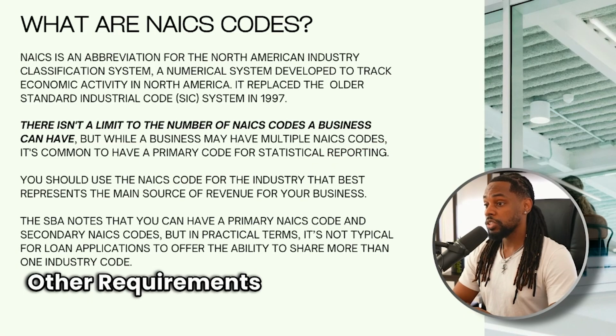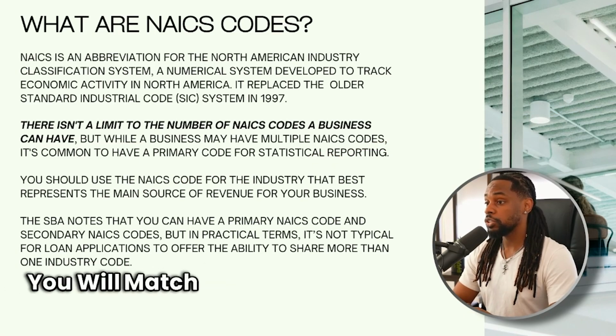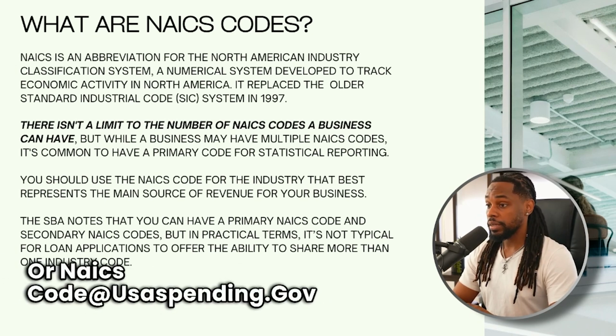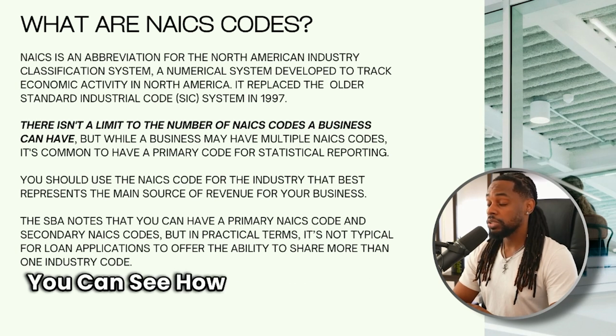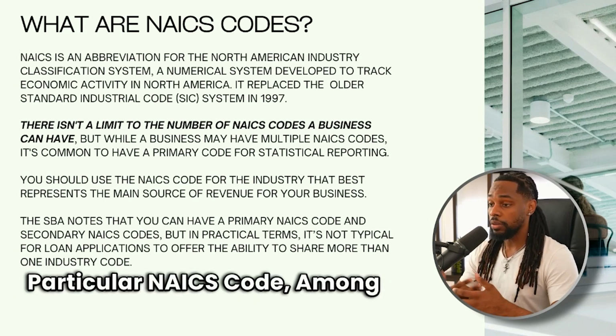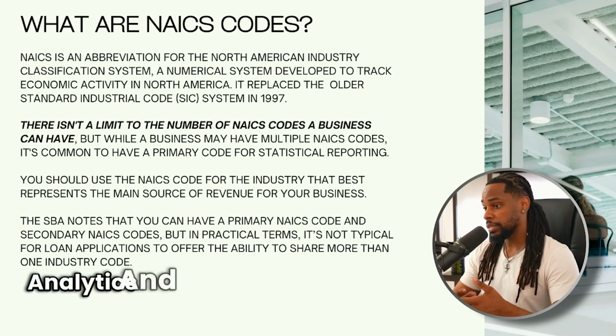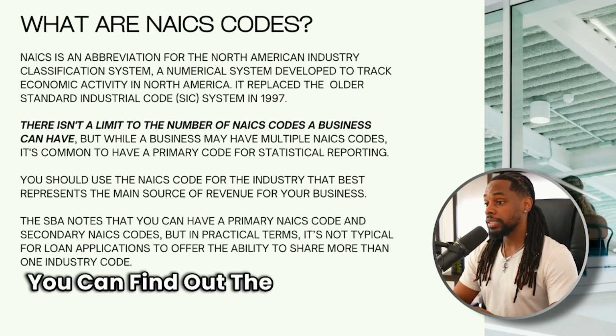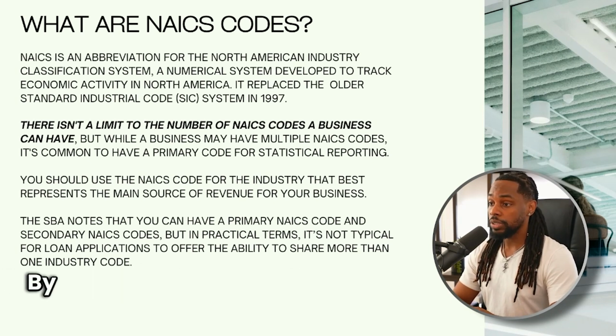Among other requirements such as size standards, you will match your products and services to a NAICS code at usaspending.gov. There, you can see how much the U.S. government has spent on a particular NAICS code, among other analytics and statistics. But the IRS also will request your NAICS code on certain forms. You can find out the list of industry codes by using that website.